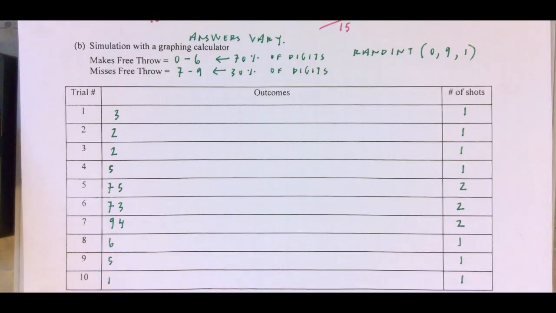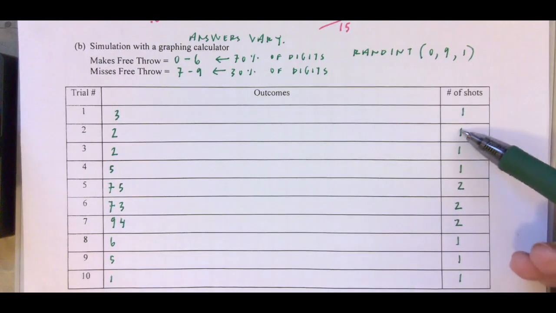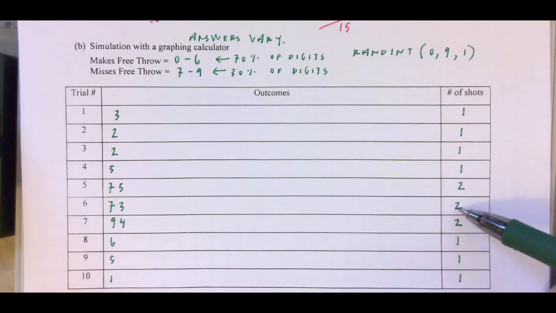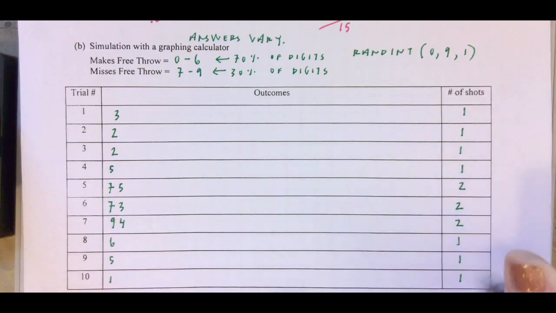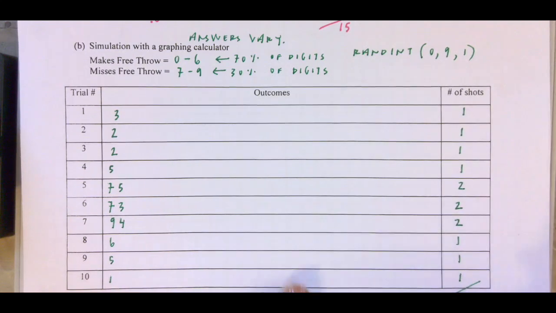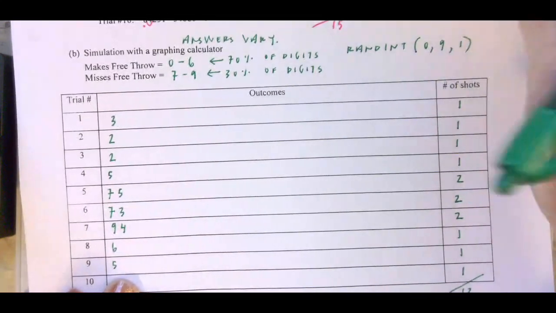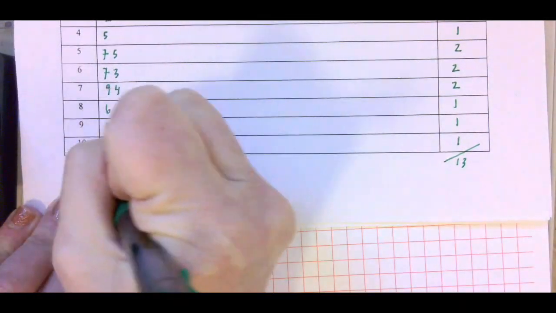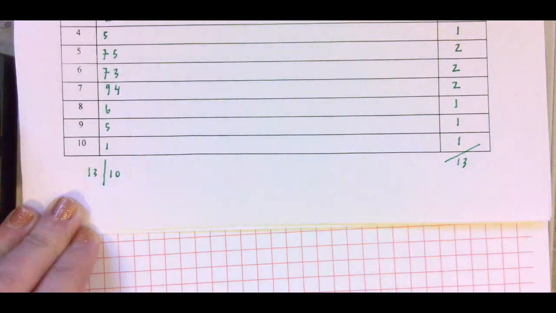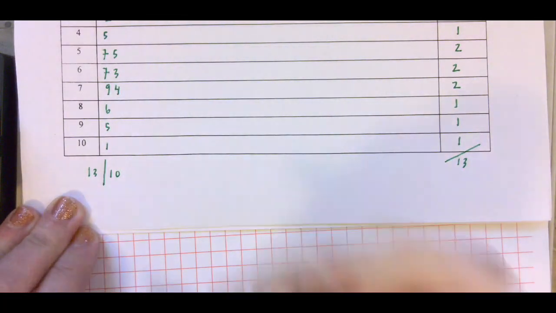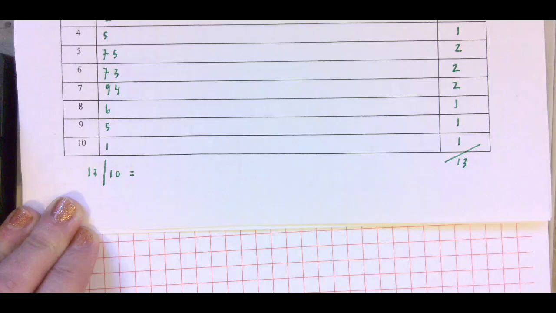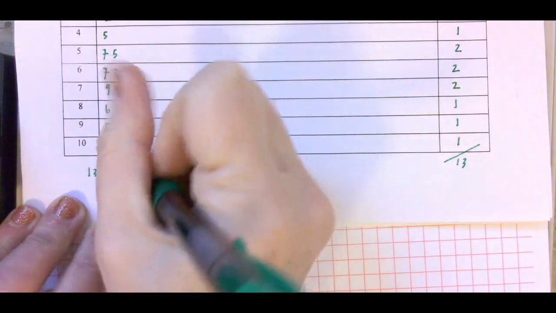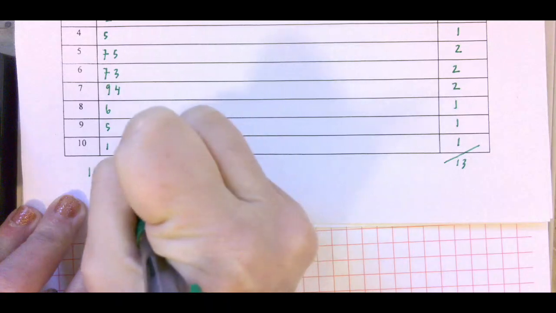Okay, so then again, I'm going to add these up. So 1, 2, 3, 4, 5, 6, 7, 8, 9, 10, 11, 12, 13. Let me slide this up a little bit. So 13 total shots taken divided by 10 trials gets me 1.3.